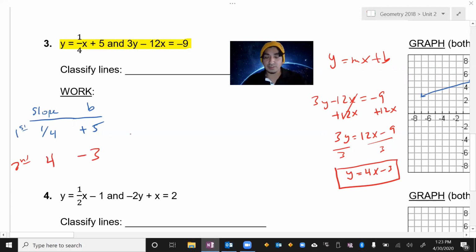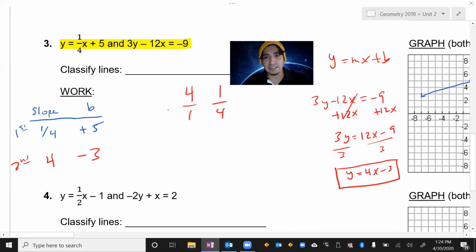So let's think about this. Are my slopes the same? 1/4 and 4, are they the same? No. Why? Because 1/4 of $1 is not the same as $4. Now, are they opposite reciprocals? Are they flipped? One thing you can say is that this 4 does have a 1 underneath it, and when you flip it, it becomes 1/4. But if one's positive, the other one has to be negative.